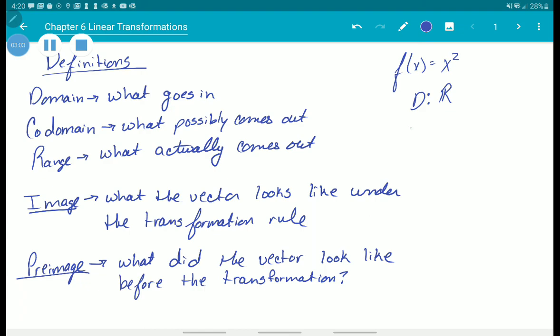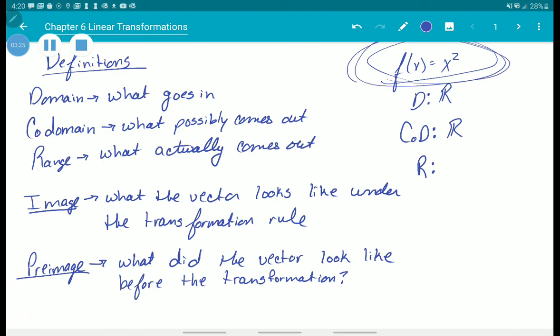I want you to think about the codomain, I'm going to abbreviate it that way, as what could possibly come out of this? Well, if I'm plugging all real numbers in, I could get all real numbers out. Except I don't get all of the real numbers out. I get a small subset of the real numbers out.